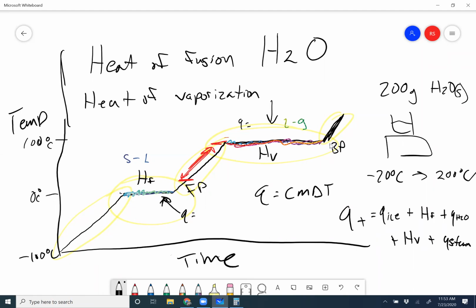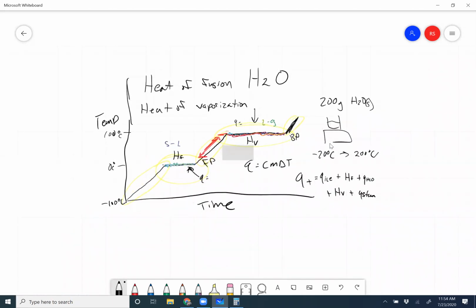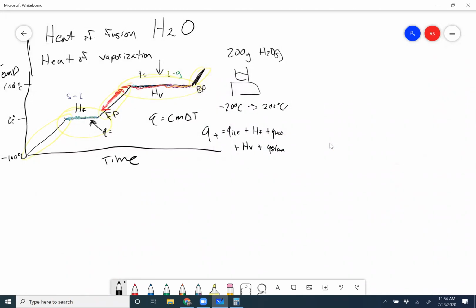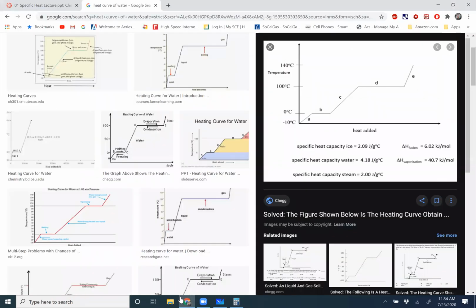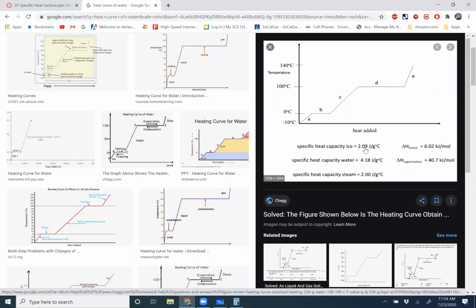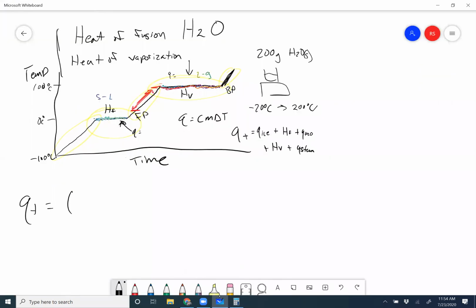So if we were to do the math on this, then our Q total would be equal to the Cm delta T of ice. And you'll notice that ice has a different specific heat. It's not the 4.18, it's a 2.09. So we'll have to look up the specific heat.